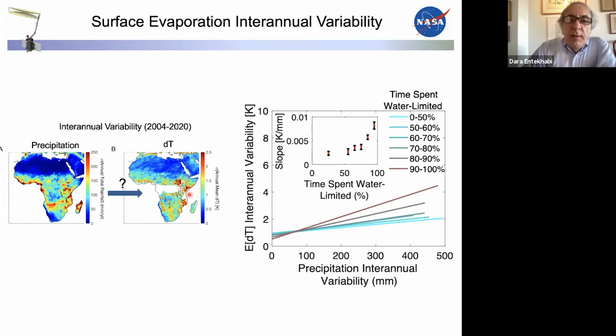And if we sort this by fraction of time spent in the water limited regime, we get a strong explanatory variance. Again, a weather scale phenomenon, the fraction of time spent in water limited regime in interstorms explains vulnerability in interannual variability.